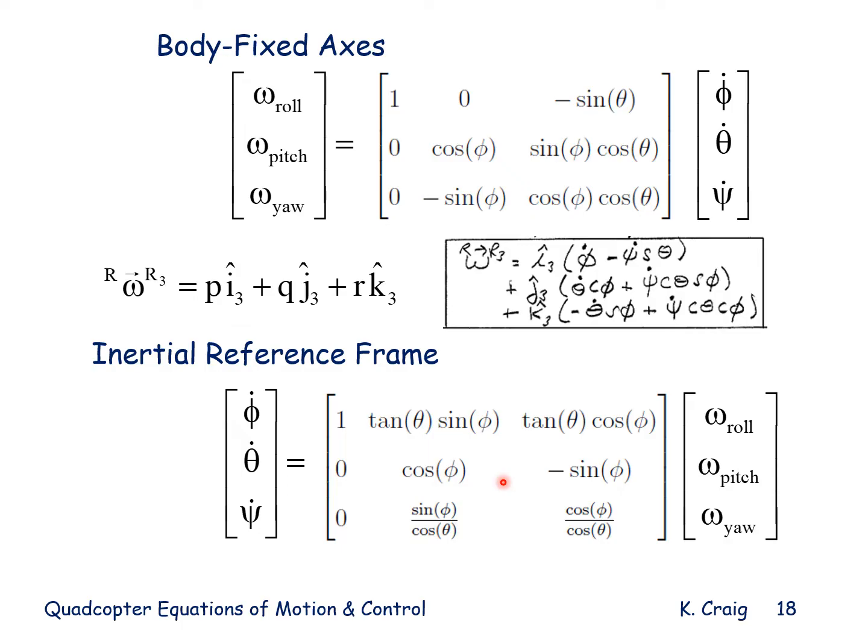And so now the angles phi dot, theta dot, and psi dot in the inertial reference frame are related to the absolute angular velocity components expressed in the body fixed axes, omega roll, omega pitch, omega yaw, through this matrix, which is the inverse of the matrix shown above.